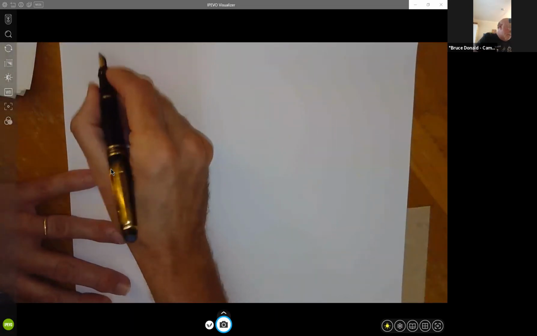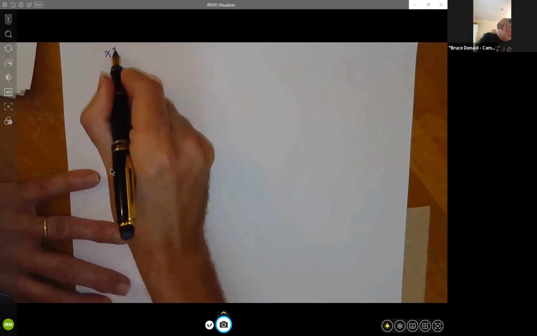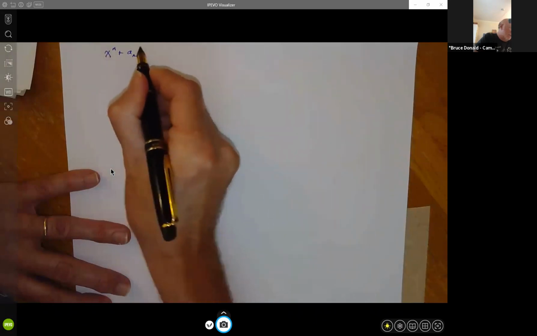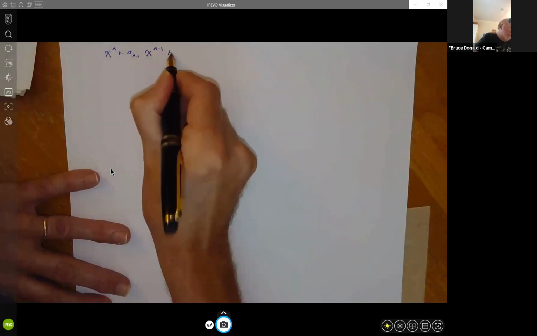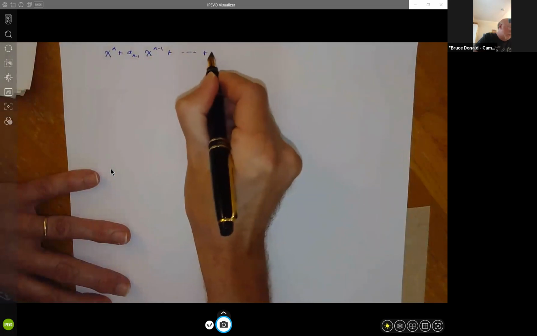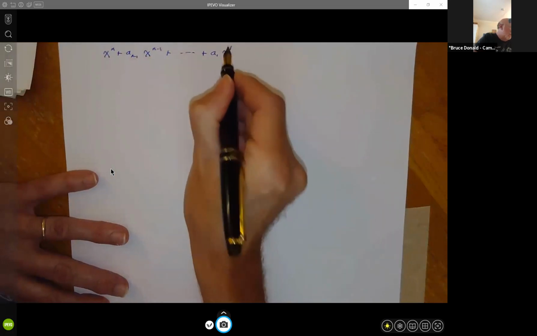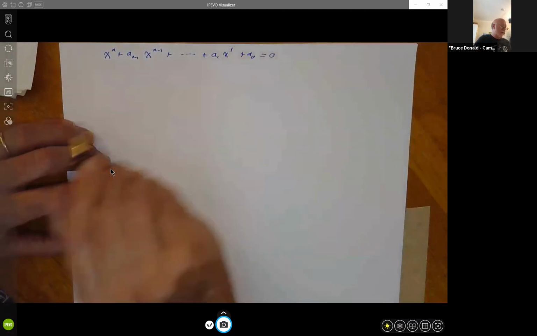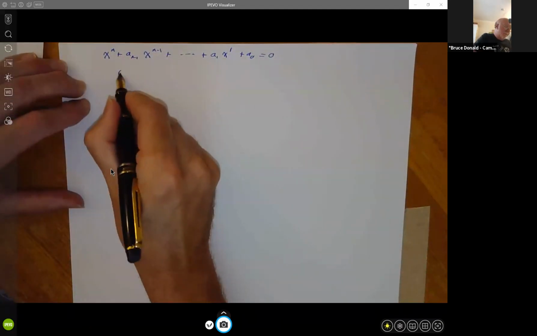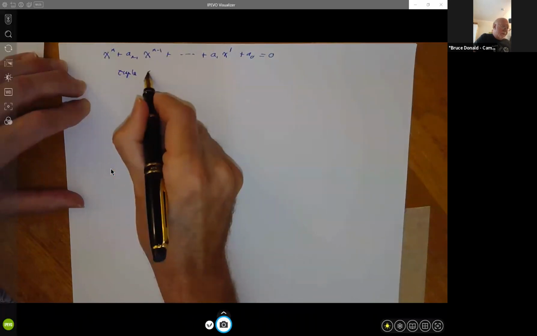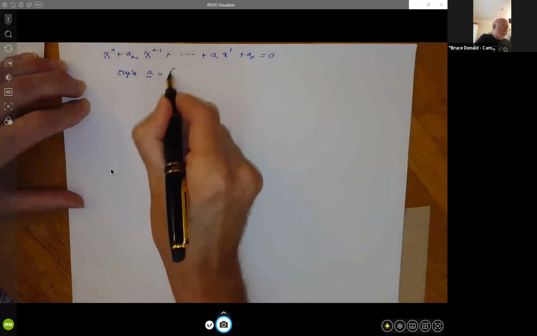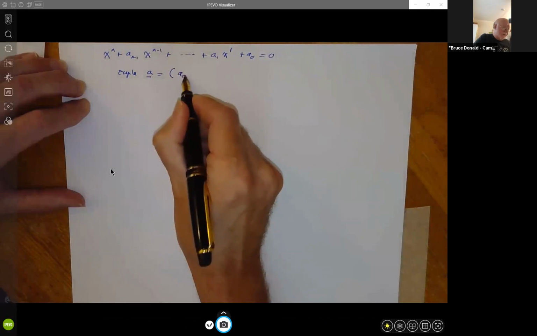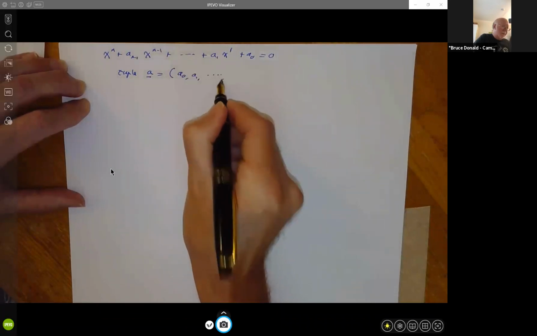We know they have a finite number of roots at this point, which is fine. So if I have a polynomial like this, x to the n plus a_{n-1} x^{n-1} plus all the way down to a1 x to the 1 plus a0 equals 0, it's a cumbersome beast to think about. So consider the tuple, and I'll use physics notation, a underscore, which is just the coefficients, a0, a1, all the way up to an.